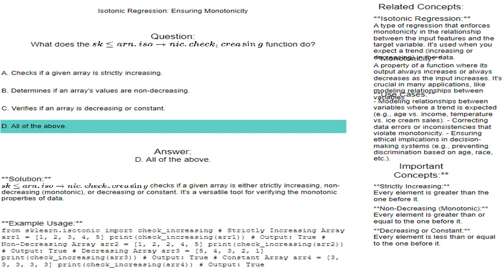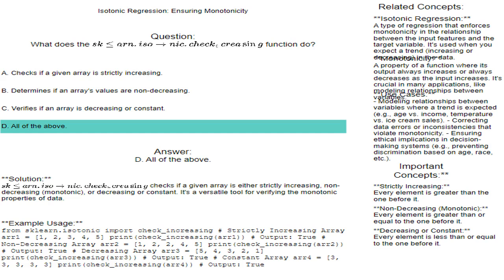Monotonicity refers to the property of a function where its output always increases or always decreases as the input increases. This property is crucial in many applications, ensuring that the relationship between input and output remains consistent.